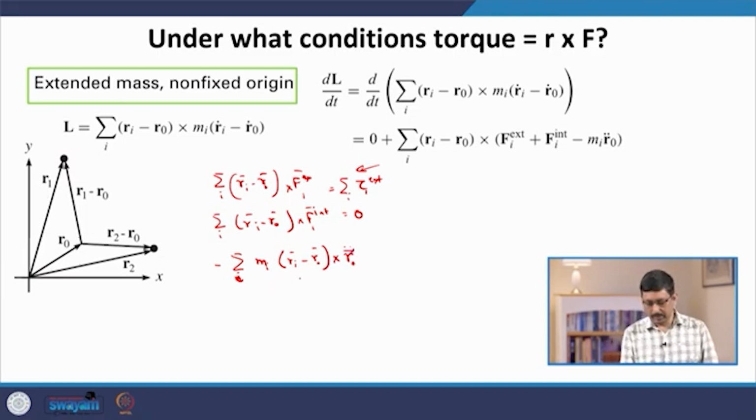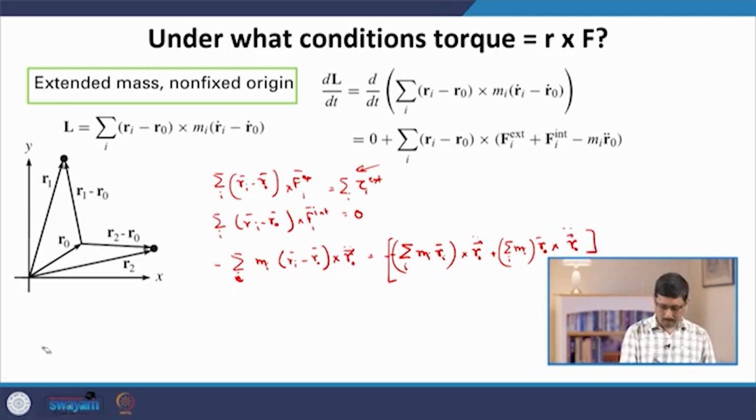If I take this first term, and in the second term we have just the sum over m_i times r_0 cross r double dot.